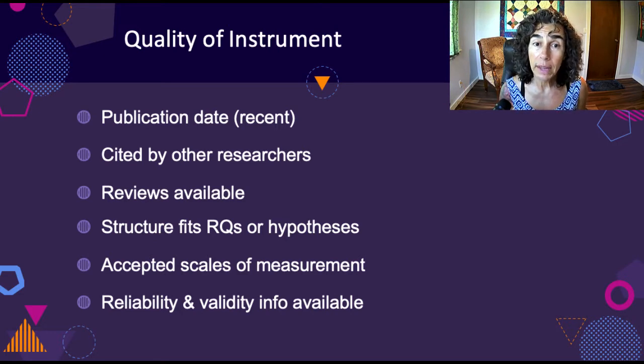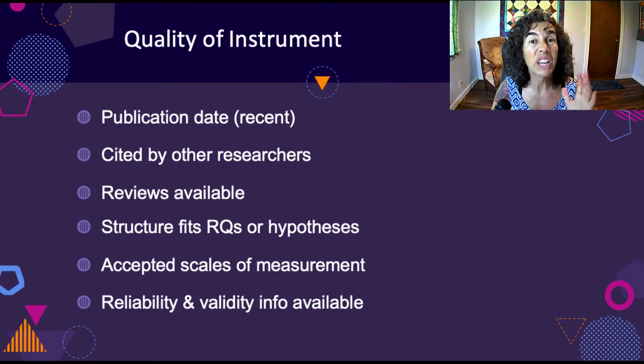We want to know that the instrument, otherwise known as the tool or the test, has been cited by other researchers, that there are reviews available so we can see what it's like and how rigorous it is, that the structure fits our research questions and or hypotheses, that it uses accepted scales of measurement. So we want to be able to understand the scale of measurement and also convey that in our findings easily. And that reliability and validity information is available. And often it's available in a guide or a manual that comes with the test.